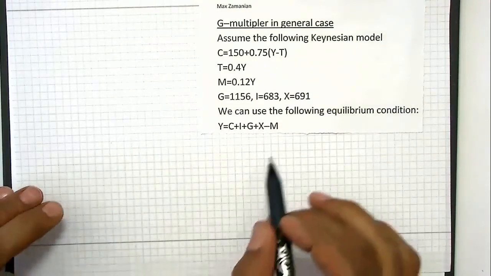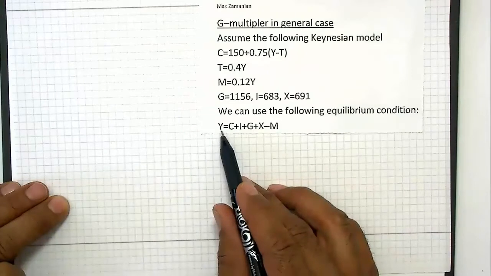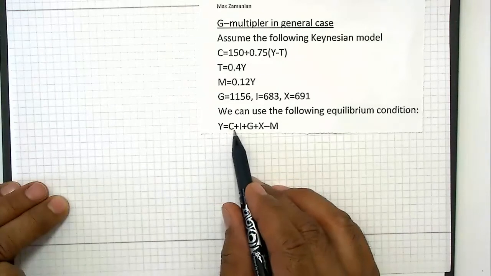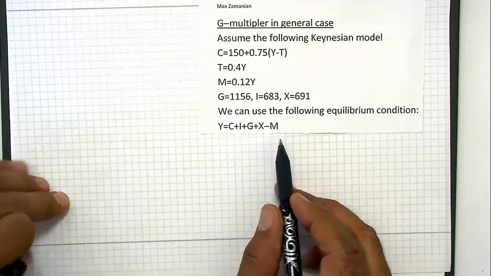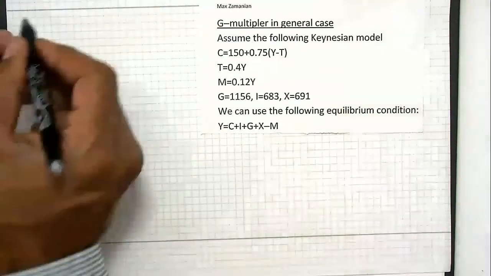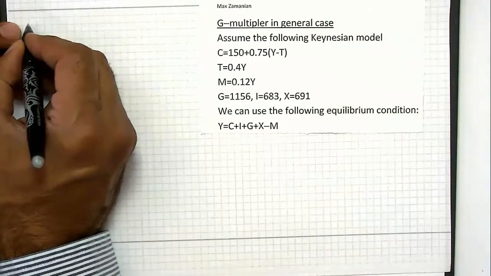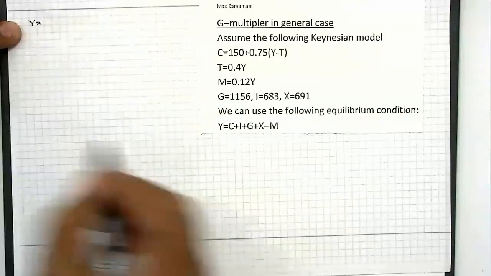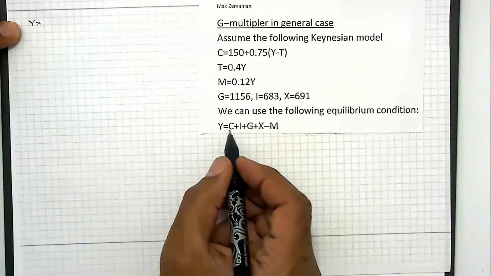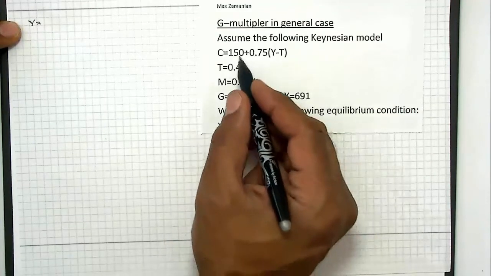In this case, we can use this equilibrium condition where national output is equal to planned expenditure, including these items. So I just rewrite this equilibrium condition here, but I substitute C with the consumption function here.